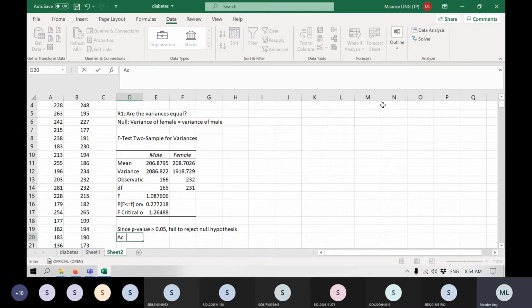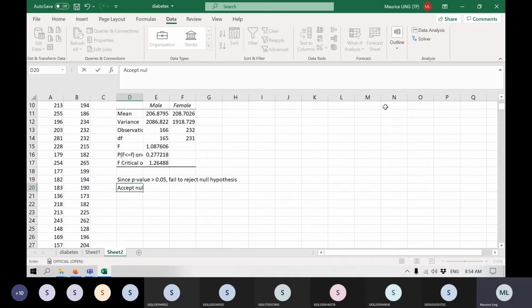To fail to reject the null hypothesis means we accept the null hypothesis. Therefore, the variances can be assumed to be equal.